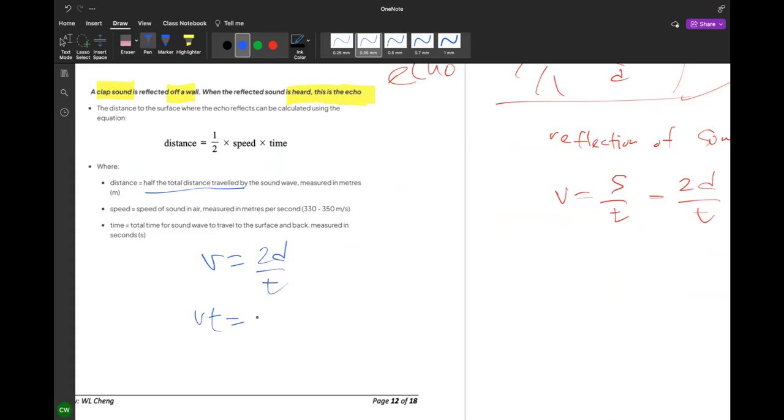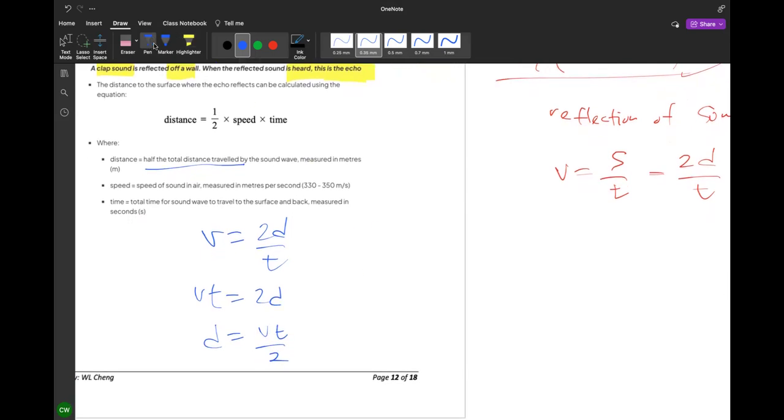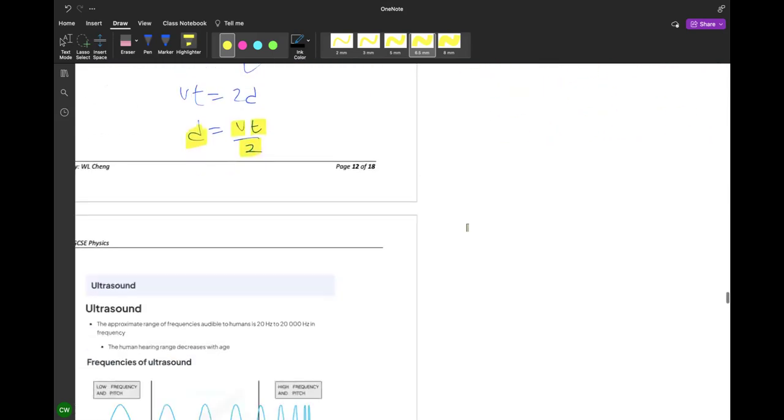So vt = 2d, d = vt over 2. Can you see the formula? The distance is half of speed times time: speed times time divided by 2. So this is the distance of this echo thing.